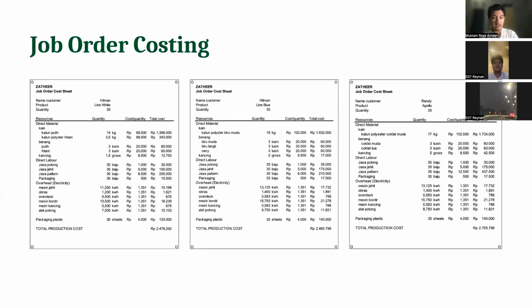So last, we break down the job order costing. This is all the job order cost sheet that we created. Firstly, the line white, with a breakdown of the direct material, direct labor, and overhead, costs around 2.48 million.